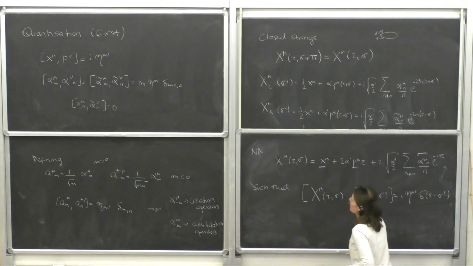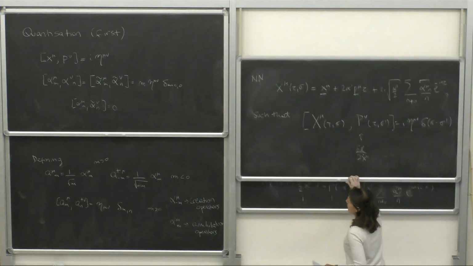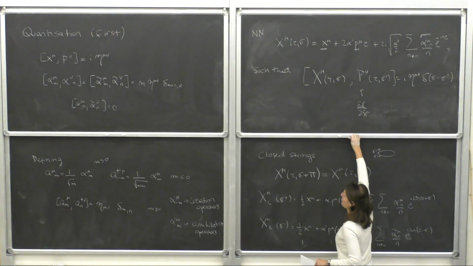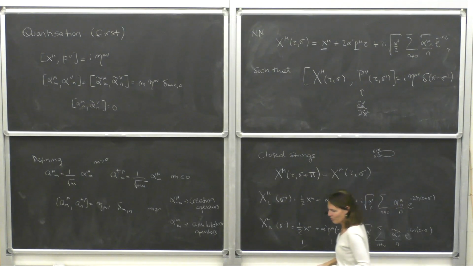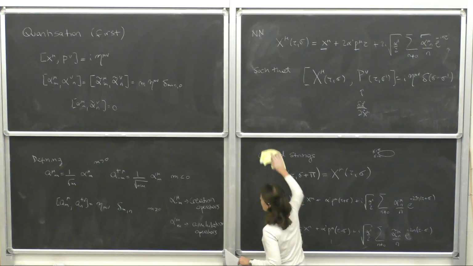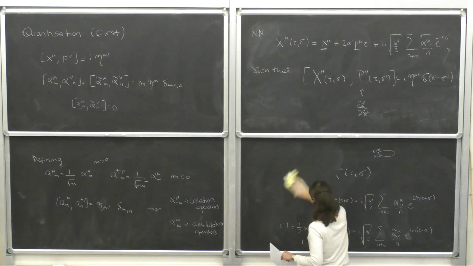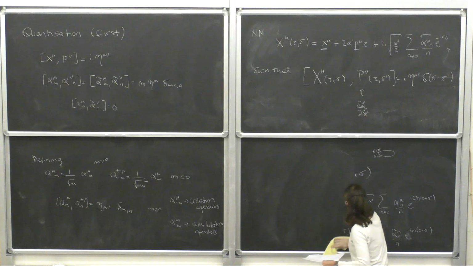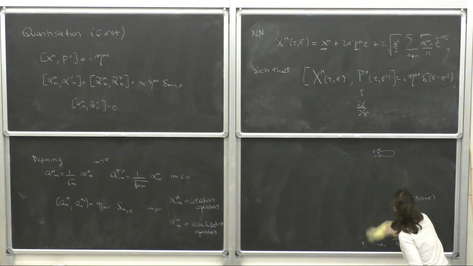So one starts as in the basic quantum mechanics exercise. One starts from a ground state that is annihilated by all the annihilation operators, and you act with creation operators.